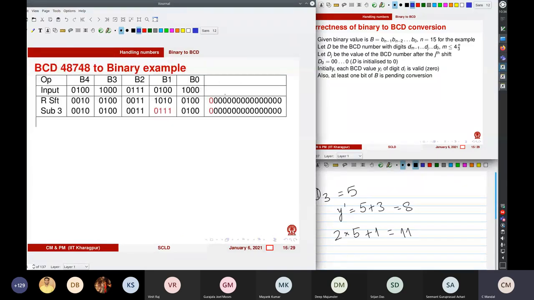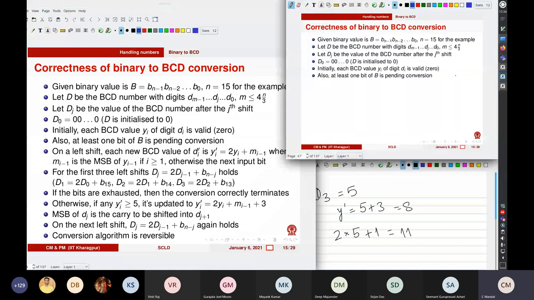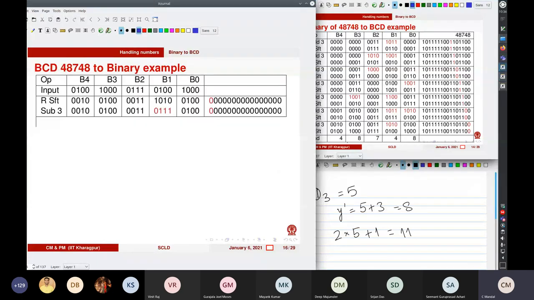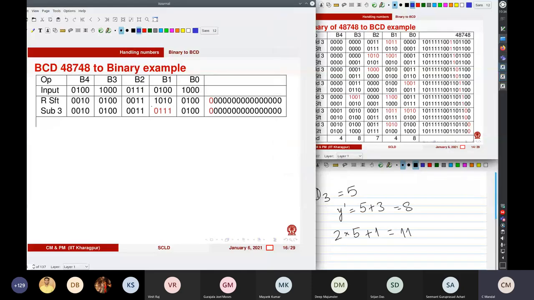Let us consider this input. This is actually the same input that we had over here after conversion. We are starting with the same value that we had after conversion.